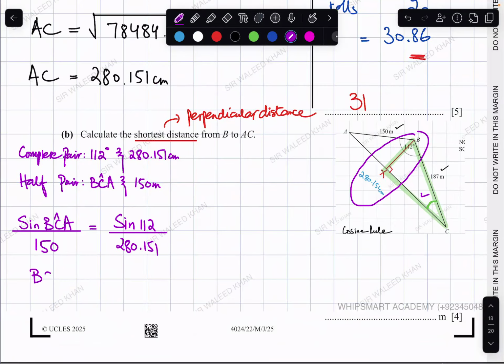So BCA will be sine inverse of all these. So 150 times sine 112 divided by 280.15.